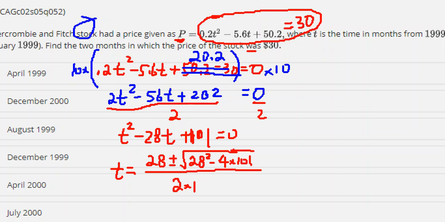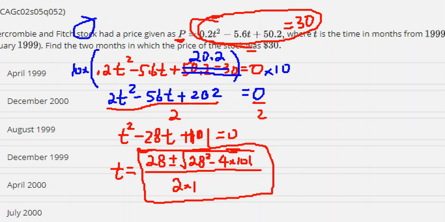Now I have no trick. You just have to use your graphing calculator. So this is the solution that I have. Now I just need to get the numerical value, so I'm going to switch to decimals.